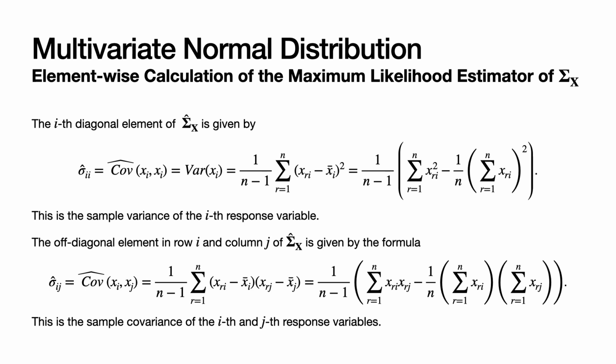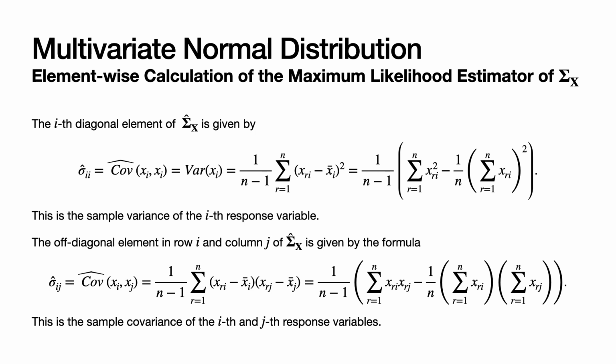Okay, so sigma hat sub i is the estimated variance of x sub i, and that is equal to 1 over n minus 1 times the sum r going from 1 to n of x sub ri minus x bar sub i, quantity squared. And so this is just the formula for the sample variance of the ith response variable.